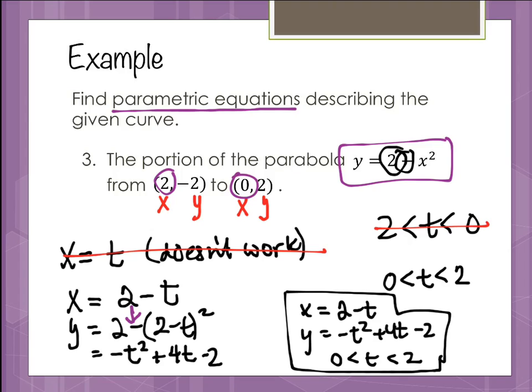I want you to grab your calculator, because your calculator should tell you whether you did it right. Agreed? So take these two parametric equations that you've created and put them into x and y in your calculator. And then in your window, your t value needs to be going from 0 to 2.